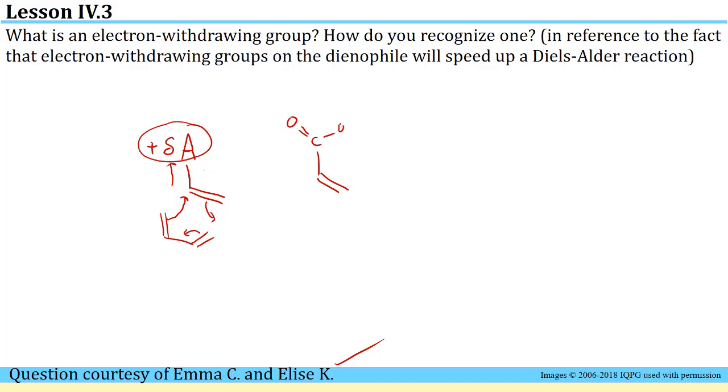Well, a good one is a carbonyl, and we've seen a couple examples like this in specific Diels-Alder problems we've done. So there's a partial plus there. Another one that I've used in some practice problems is this one. There's a partial plus there. So really, for this point in the class, you're just looking for, is the atom attached to my dienophile a partially positively charged atom?